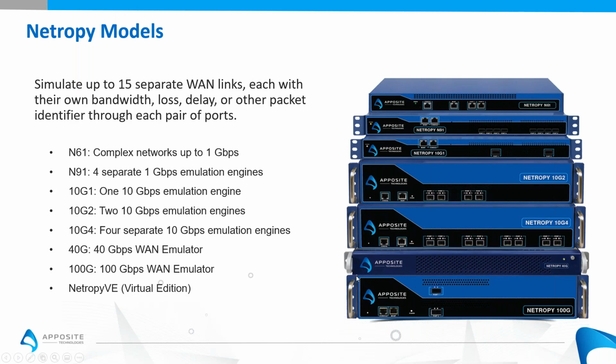One thing I want to touch on right now is we're seeing a trend where our customers are buying 100G units, but only using them at 25 or 40 or 50G speeds, and they buy the 100G chassis so that they can upgrade later.